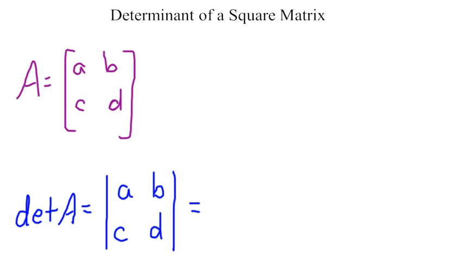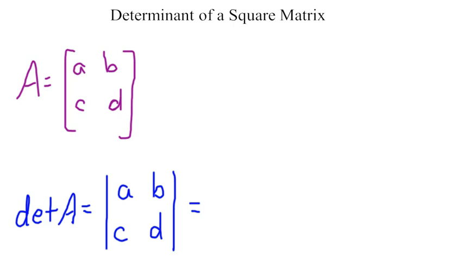Before we go through an example of finding the inverse of a matrix, first we need to discuss the determinant of a square matrix. So if we have a matrix A with entries A, B, C, D, this is a square matrix. If we want to find the determinant of matrix A, using notation, if we put the absolute value symbols around the entries, that denotes that we're talking about the determinant.